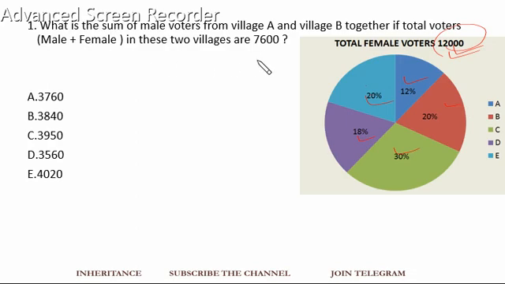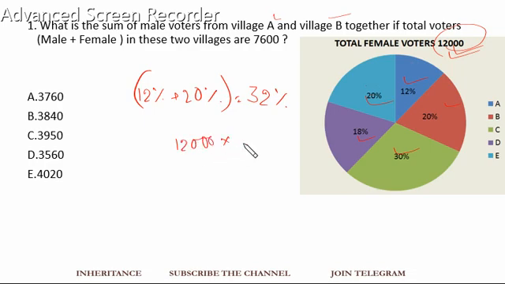We first calculate the female voters in village A and village B, which is 12% and 20%. 12% and 20% is 32%. So 32% are female voters in these two villages. Total female voters are 12,000, so what is 32% of 12,000?